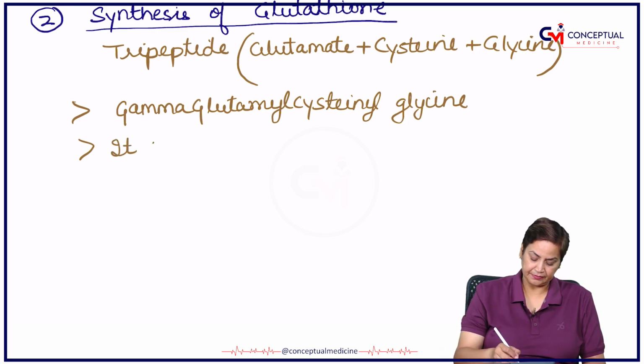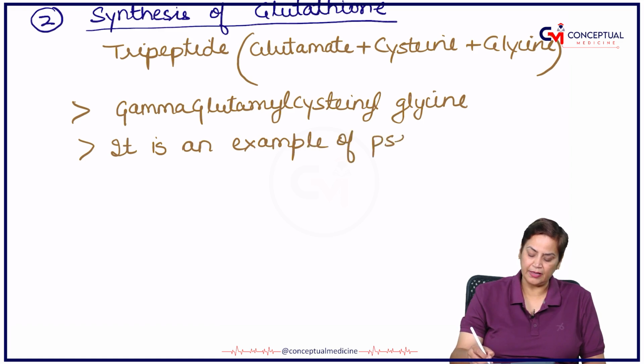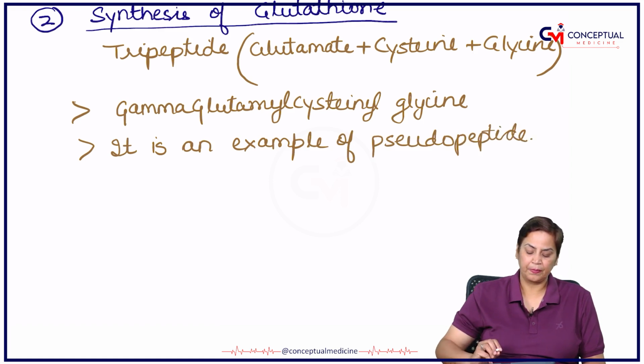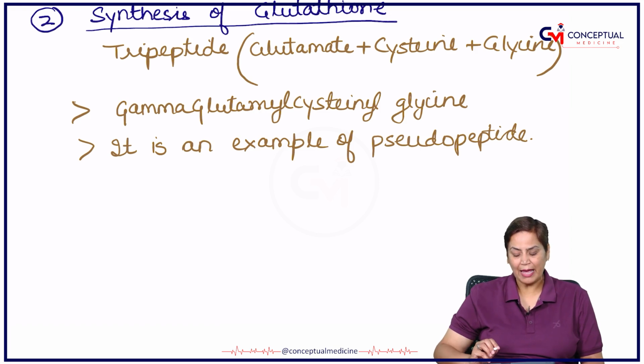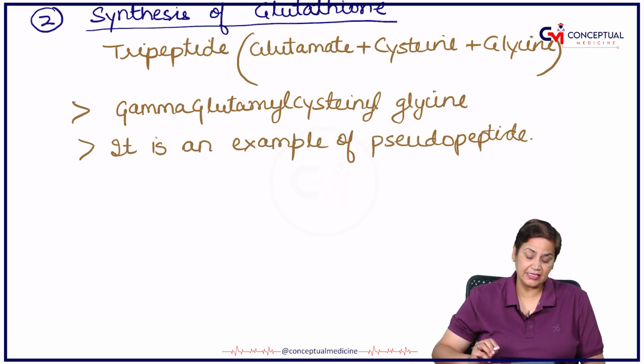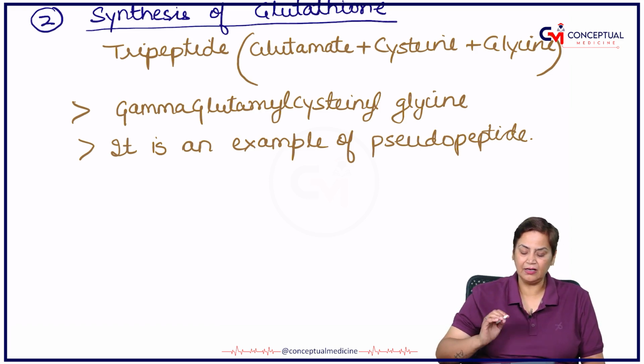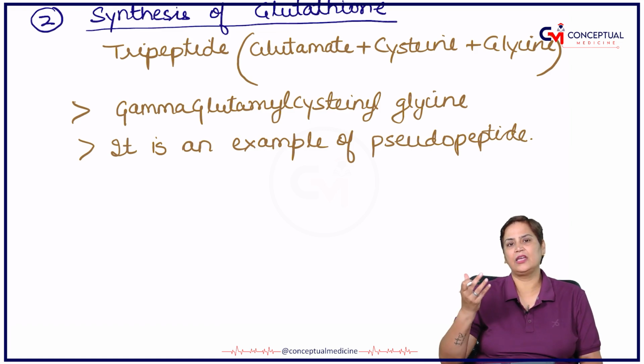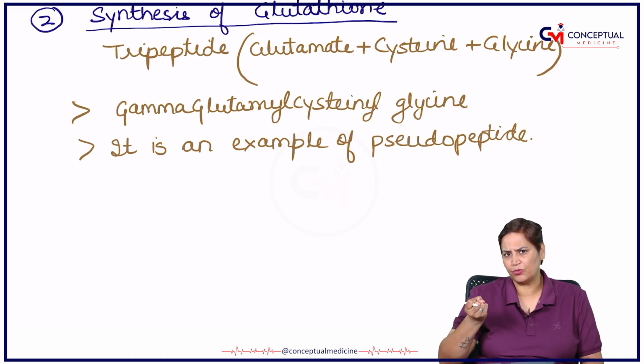It is an example of pseudopeptide. Again, this is very important. So what happens is glutamic acid will be combining with the cysteine, and then glycine will come, and a very important compound is produced.